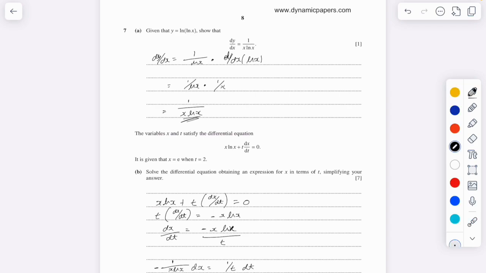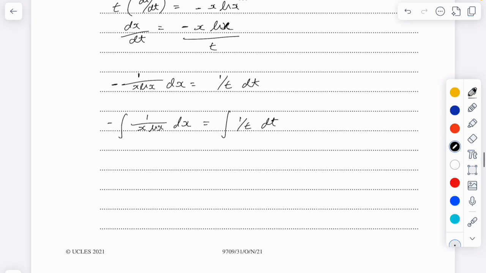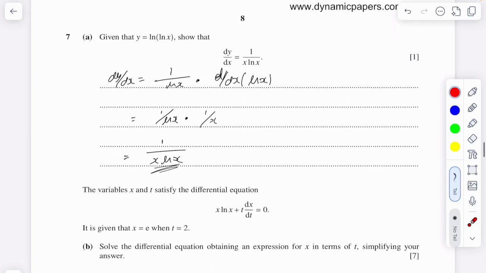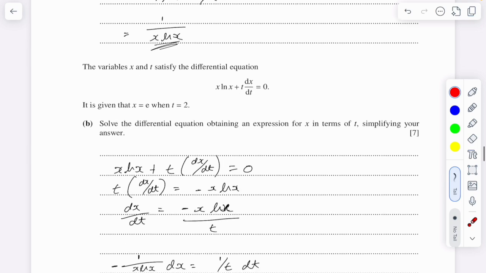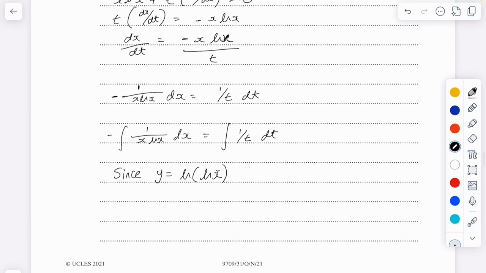So I can say, since y is equal to ln of ln x, and we know that dy by dx is equal to 1 over x ln x, therefore, if we integrate, we're going to get negative ln of ln x being equal to ln t plus c.